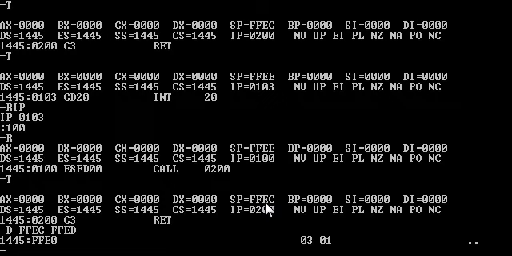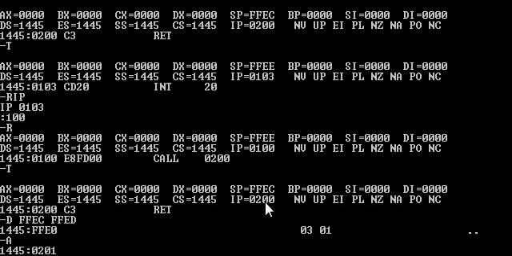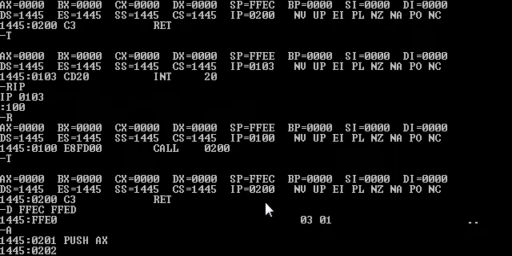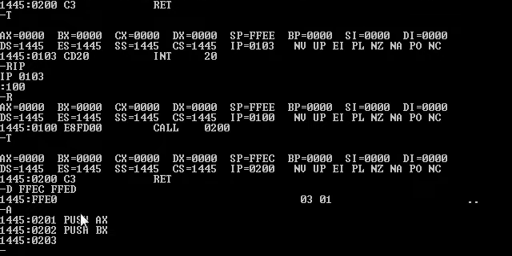Remember we did these push AX and push BX, all that stuff before. Those instructions put things in this memory area on the stack, but they go down. I'm going to show you that in a minute.